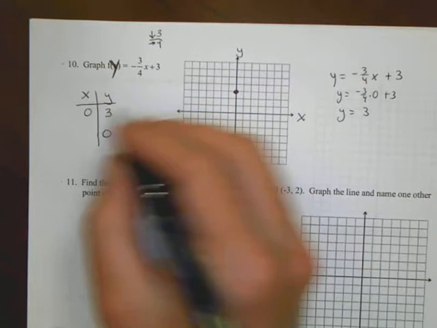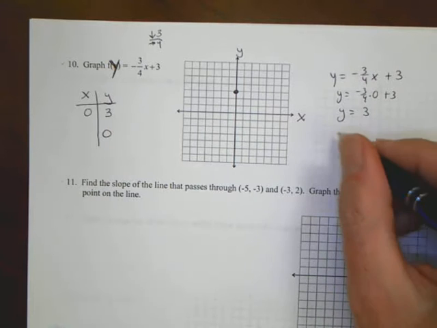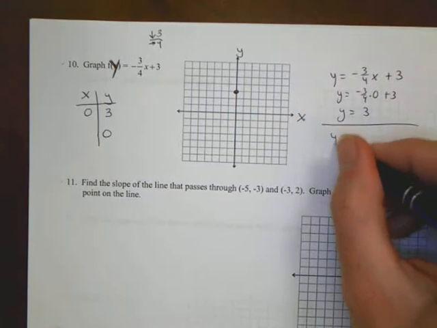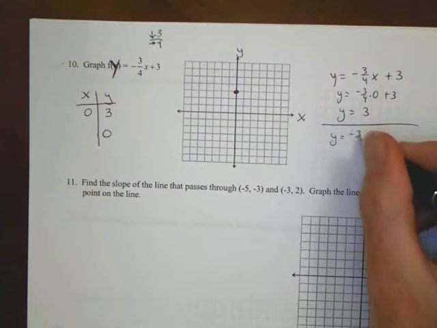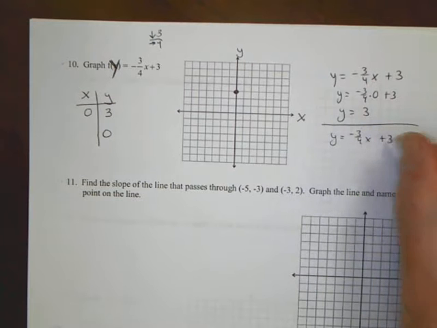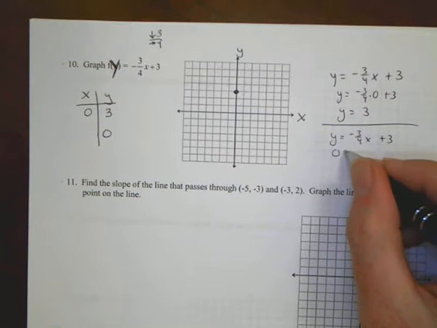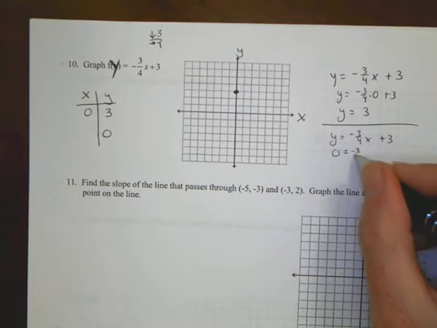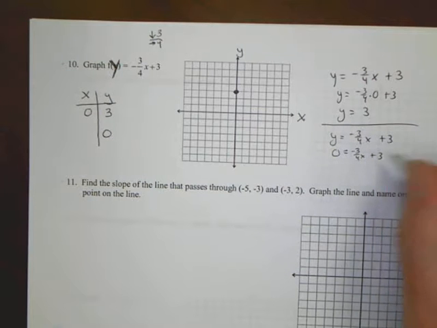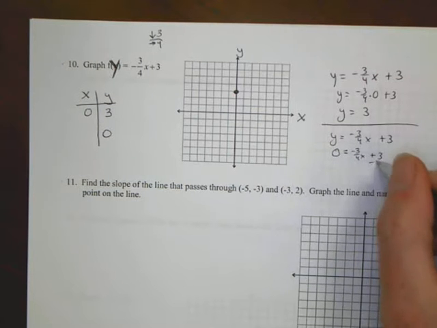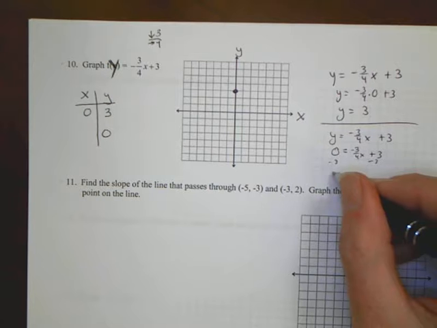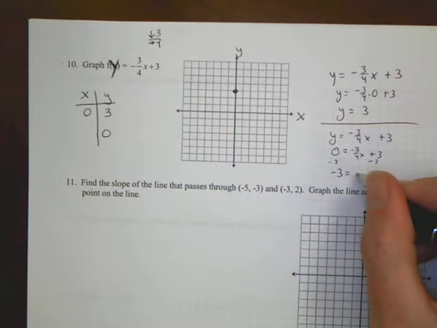Now let's find out what happens when y equals 0. Can I do that? Sure I can. y equals negative 3/4 x plus 3. We're going to say that y equals 0 equals negative 3/4 x plus 3. And I go, oh, I'm at 0. Is that okay? Nope, it's not okay. So let's move things around. Let's subtract 3 from both sides. So I end up with negative 3 equals negative 3/4 times x.